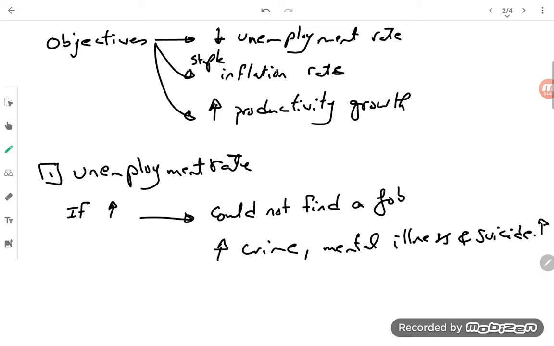So the country is concerned with the unemployment rate as it has an economic and social impact, not only an economic one in the economy.